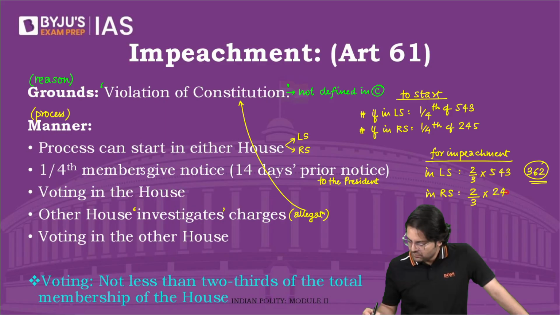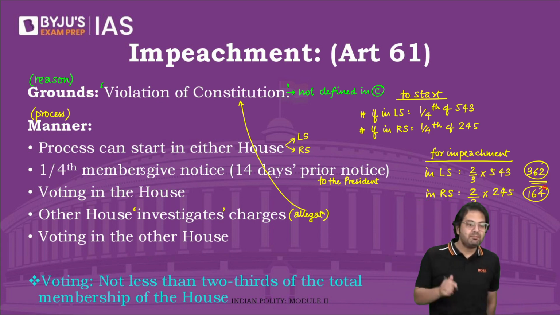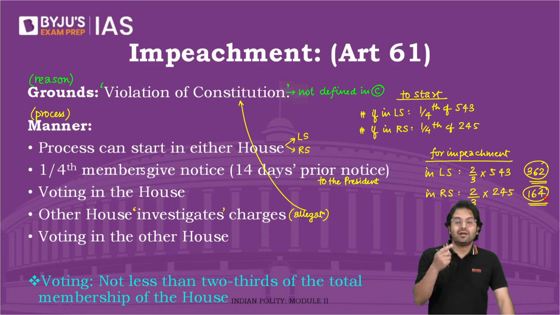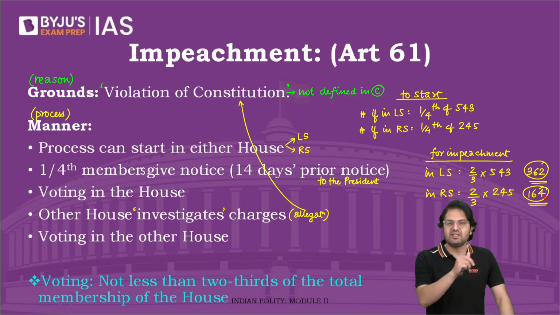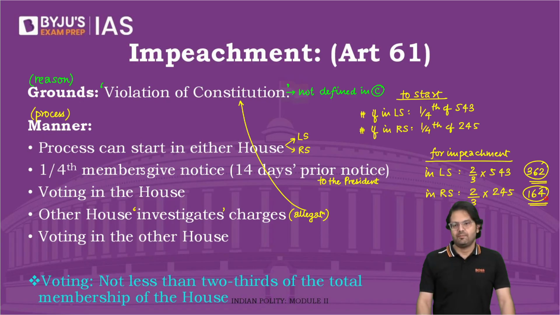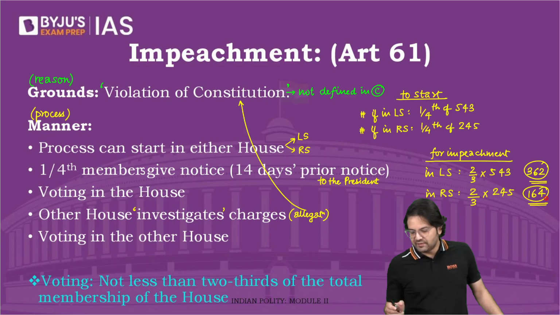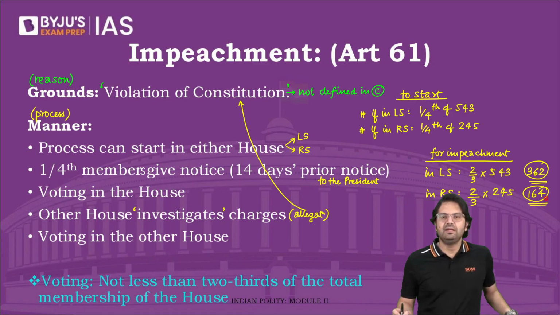How many? 164. So these many people are required to support the proposal to remove, or the correct word is what? Impeach the Indian president. So far, not a single president has been impeached in the country.